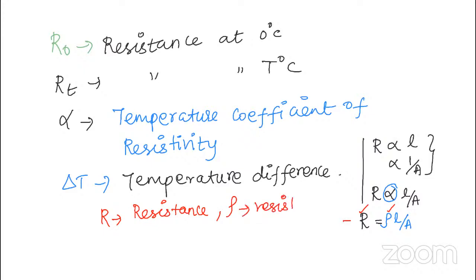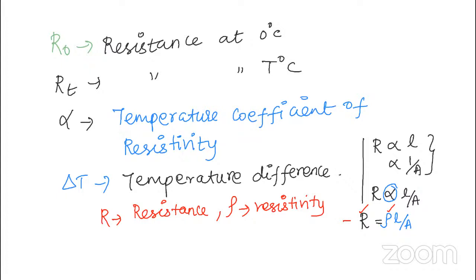That is the difference between resistance and resistivity. Now your doubt is clear. Resistivity is one of the constant values.